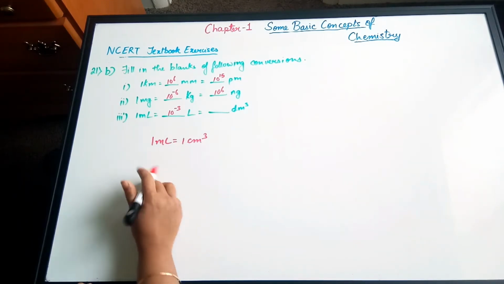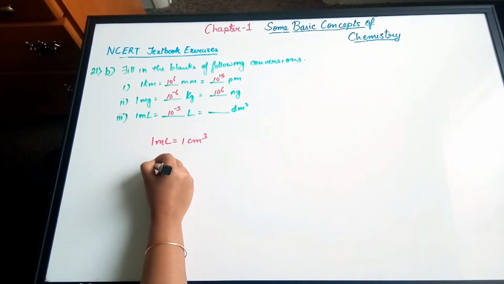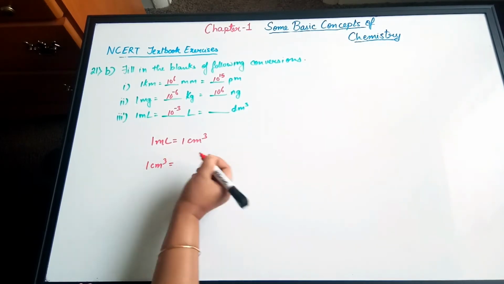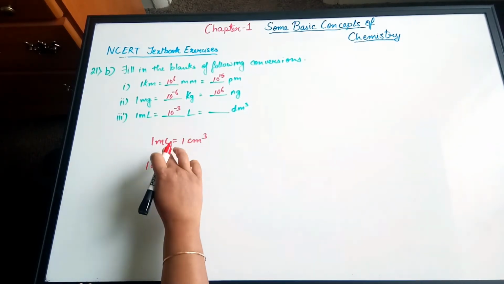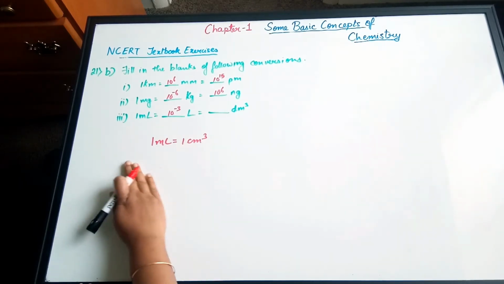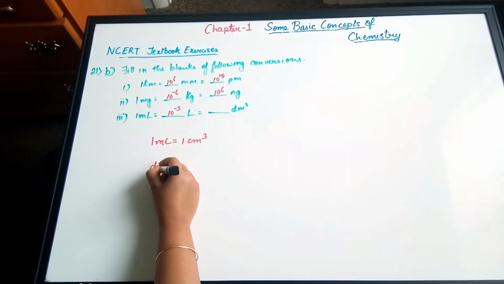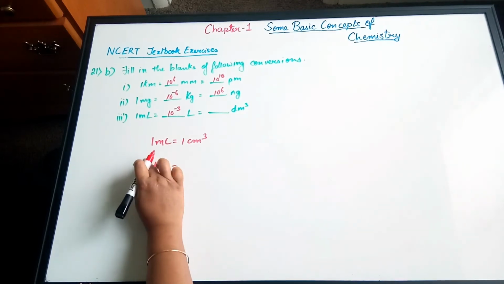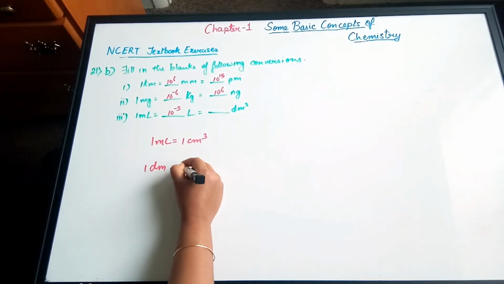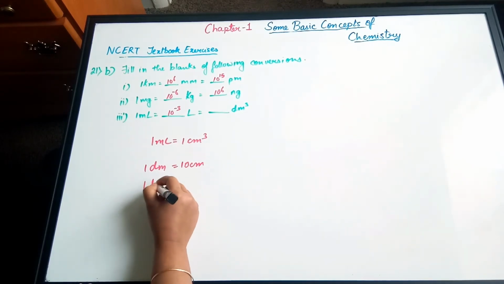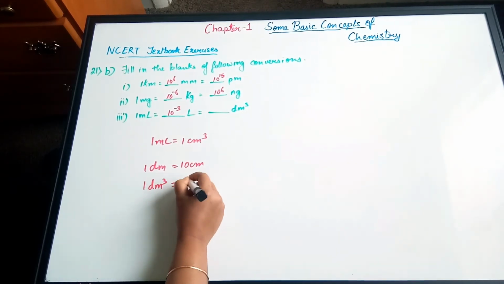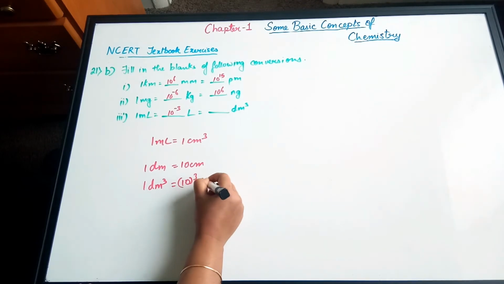Okay, so 1 decimeter equals 10 centimeter. Now we have it in cube. So 1 decimeter cube will be 10 to the power 3 centimeter cube.